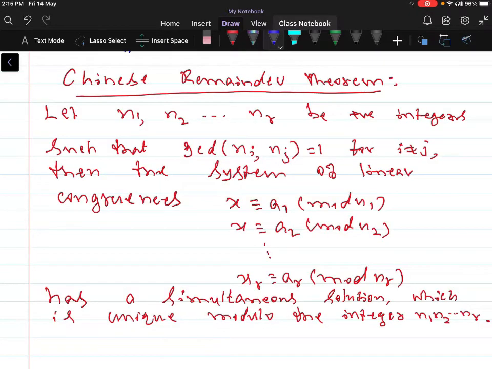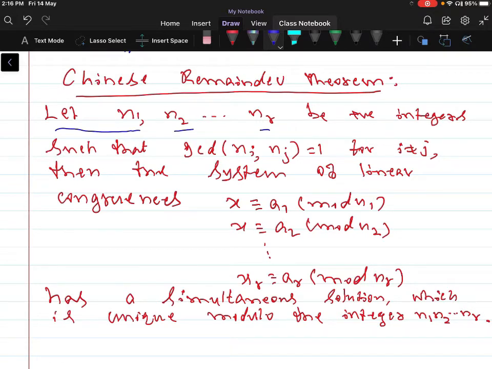So we move to the theorem, the Chinese remainder theorem. Let us put the statement of the theorem. Let n1, n2 and so on nr be positive integers such that GCD of ni, nj is equal to 1. It means n1, n2 and so on nr are relatively prime to each other for i not equal to j.